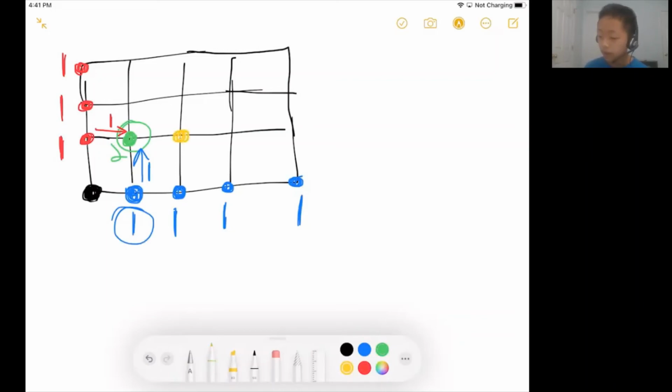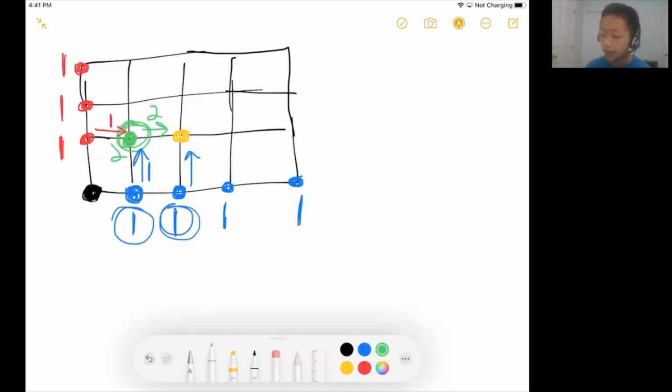Clearly for this yellow point, you must have either come from this green point and moved right, or you must have come from this blue point and moved up. Notice we already know that there are exactly 2 ways to get to this green point. So that means there are 2 ways to move from the green point to the yellow point.